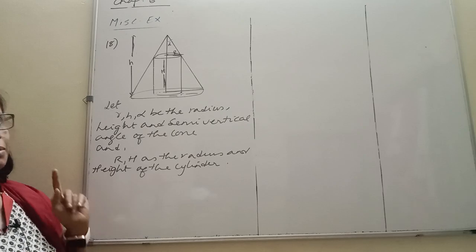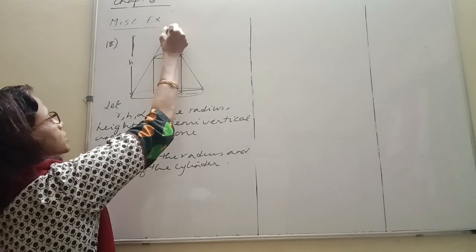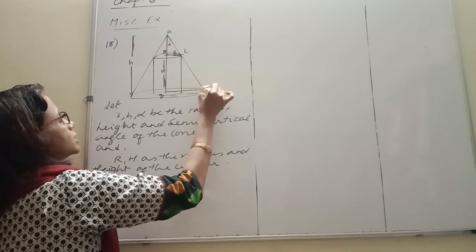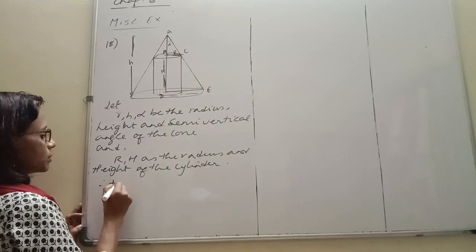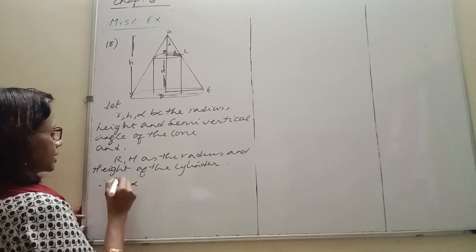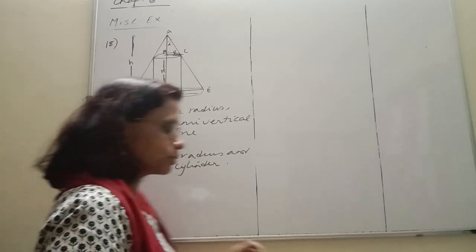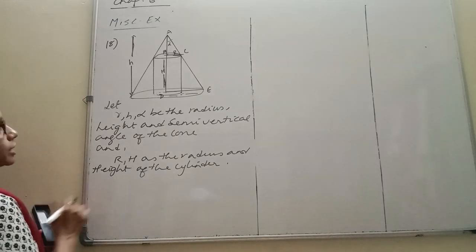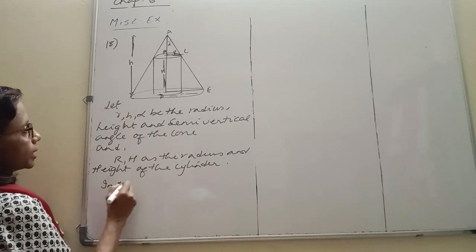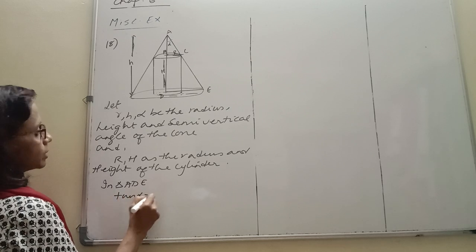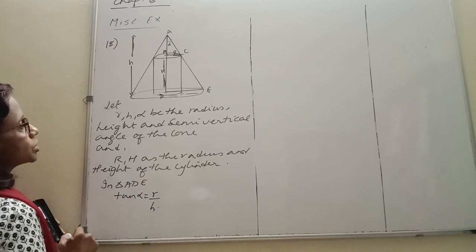They have given us a semi-vertical angle alpha. If we could name this A, B, C, D, E, so you could look at tan alpha in the triangle, maybe ADE. I think we could write that so that it could be clear as to how you're getting this. In triangle ADE, if you're looking at tan alpha, that tan alpha is r over h.